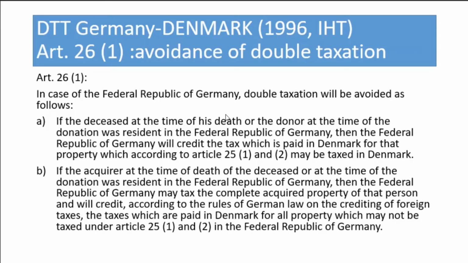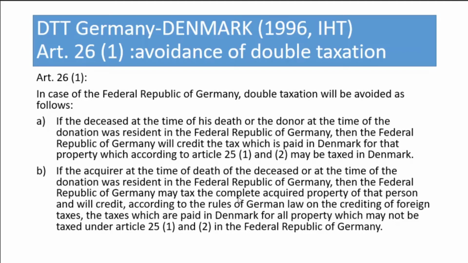Then if the acquirer at the time of death of the deceased was resident in Germany, then Germany can tax everything, but will credit, according to the rules of German law, the taxes which were paid in Denmark for all property which is not sourced in Germany. And that is the case with our Danish house.